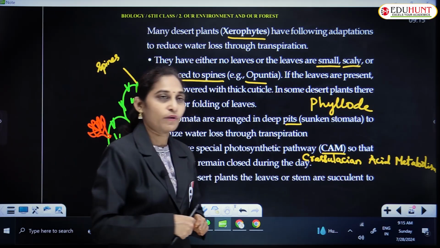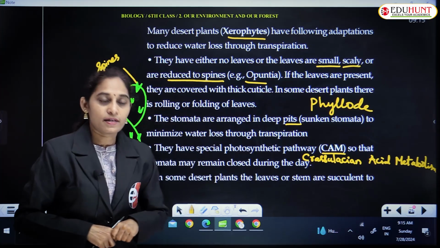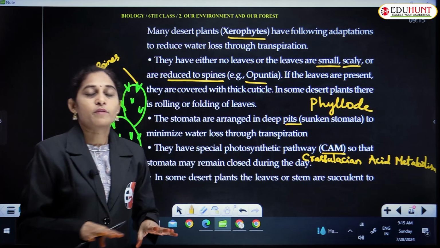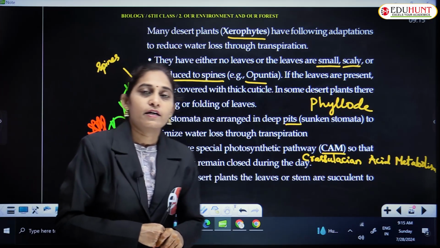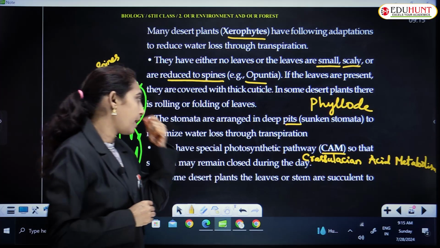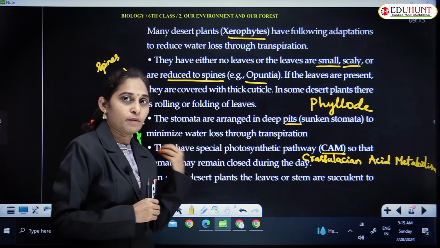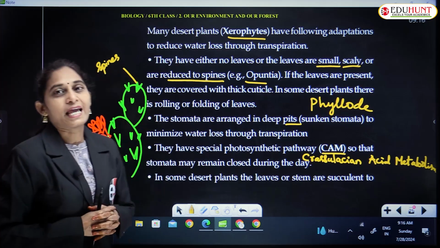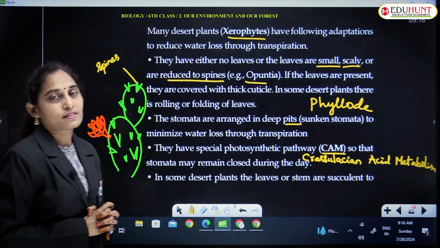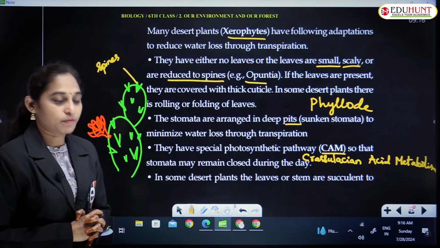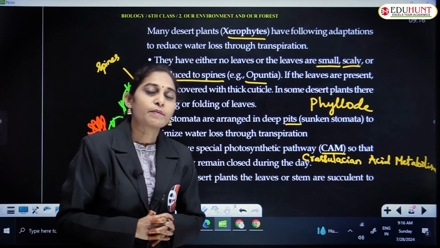called the CAM pathway. Normal plants in tropical and normal regions perform photosynthesis by a pathway or cycle known as the Calvin cycle. The Calvin cycle is the photosynthetic process that takes place in an ordinary plant.